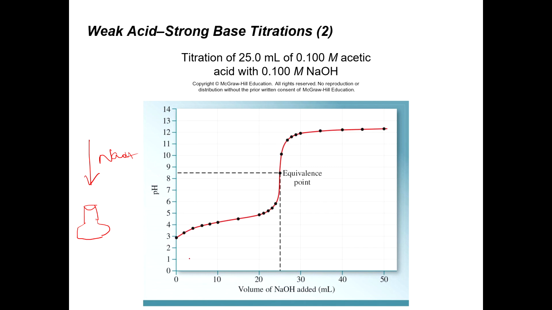Then you added 2 ml more, and it went up to 3.8. So it's increasing rapidly compared with strong acid, strong base. Even though you added 5 ml of base there, it went from pH 1 to only 1.2. So here the pH is rapidly increasing when you add your base.